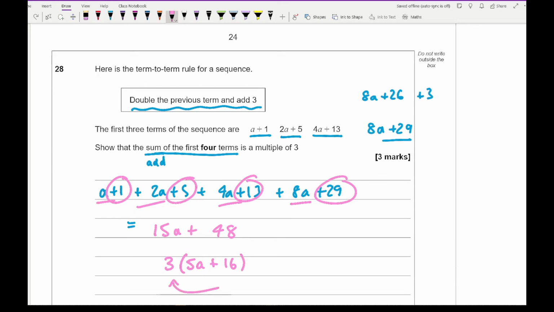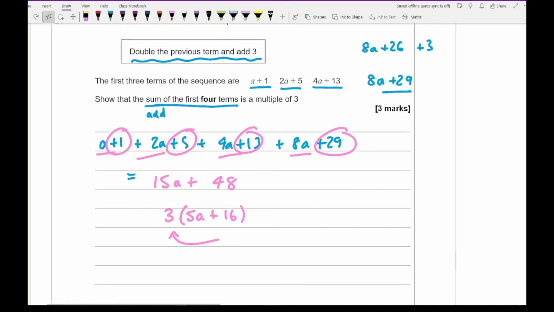So as you can see from this, if I just scroll it down a little bit, as it has a factor of 3, it's a multiple of 3. Something along those lines would be absolutely fine, in the fact that we've taken a 3 out of the total.